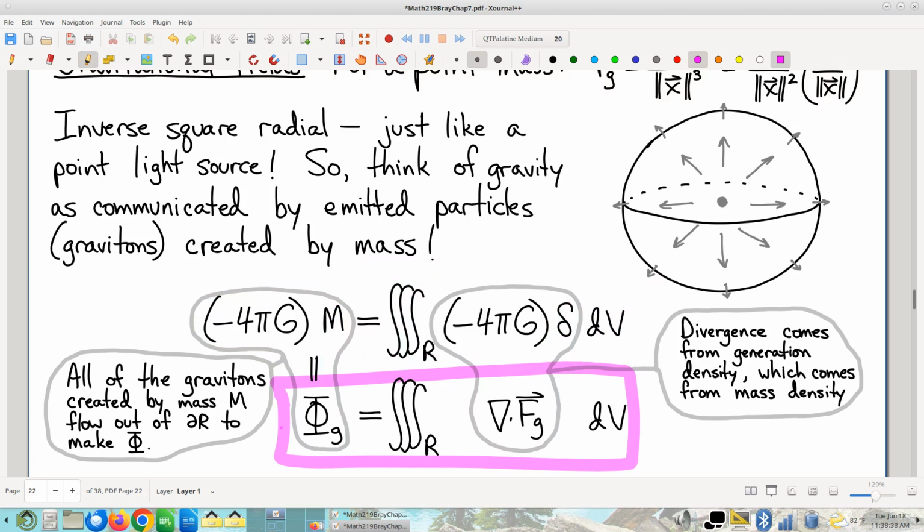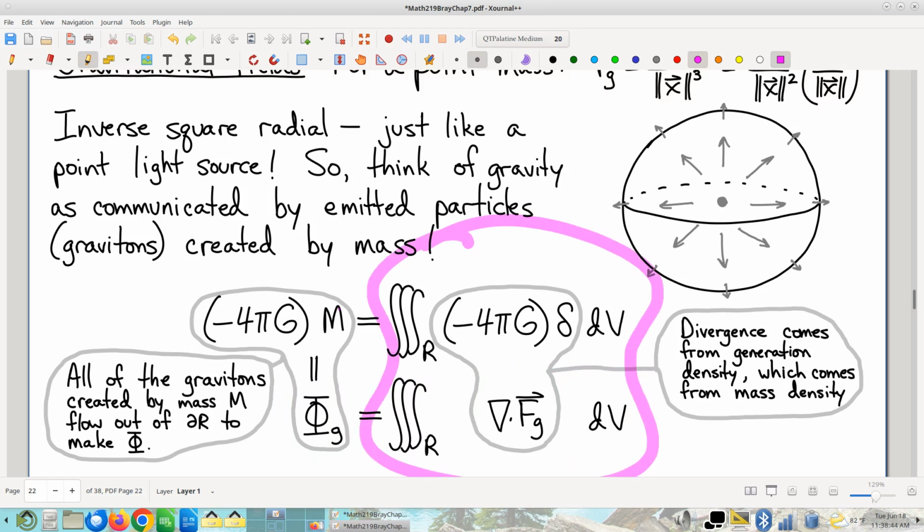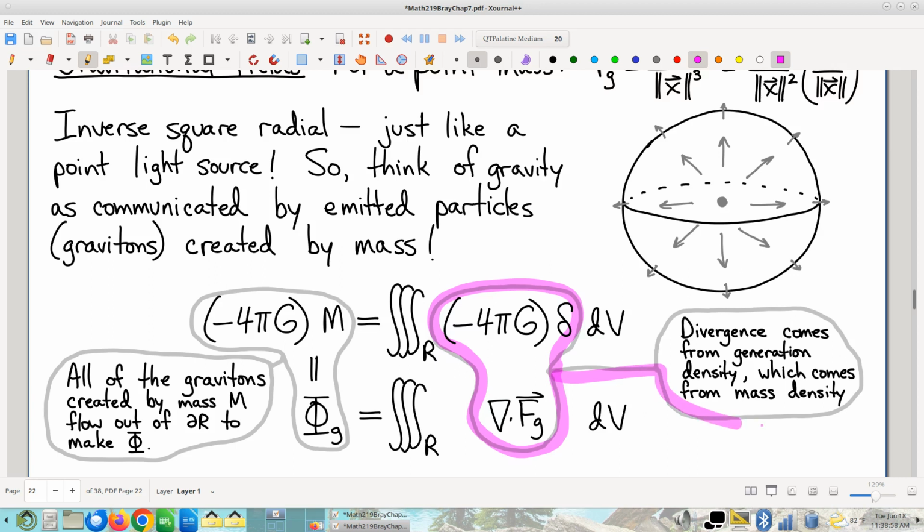So that means that these two integrals are always equal. That means that these two integrands have to always be equal, because this is true for every domain. And that then gives us a way to compute the divergence of a gravitational field. That is a really, really powerful idea.